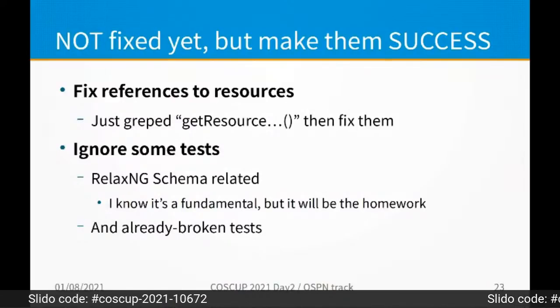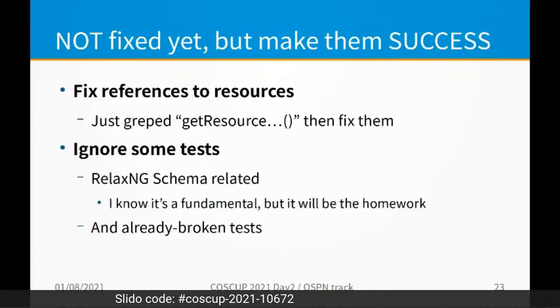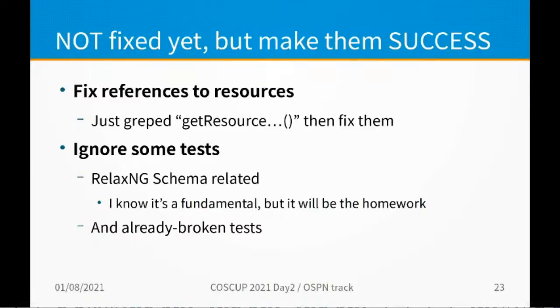So I cannot say I fixed all of the tests, but I made them succeed. What I mean is, of course, I fixed some references to resources. This is quite easy: just grep for getResource and fix them.